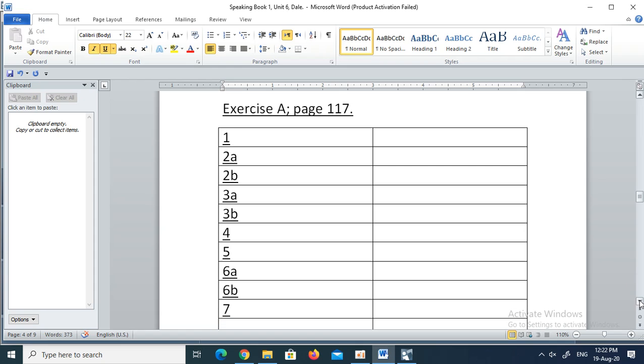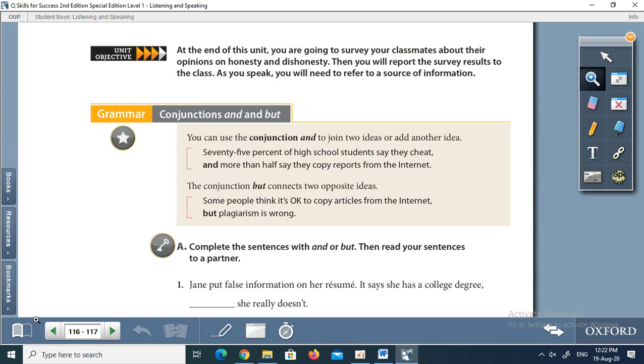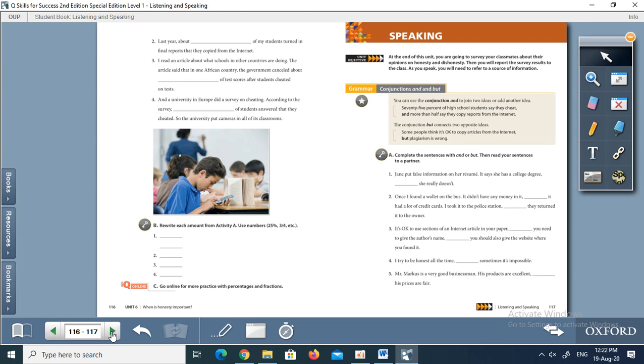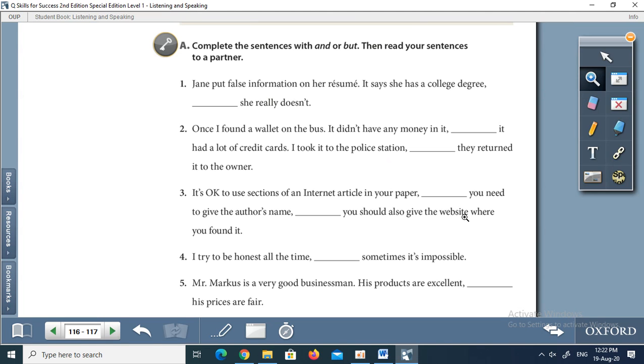If you have a look in the textbook on page 117, underneath the notes, we must fill in the missing words with either and or but.